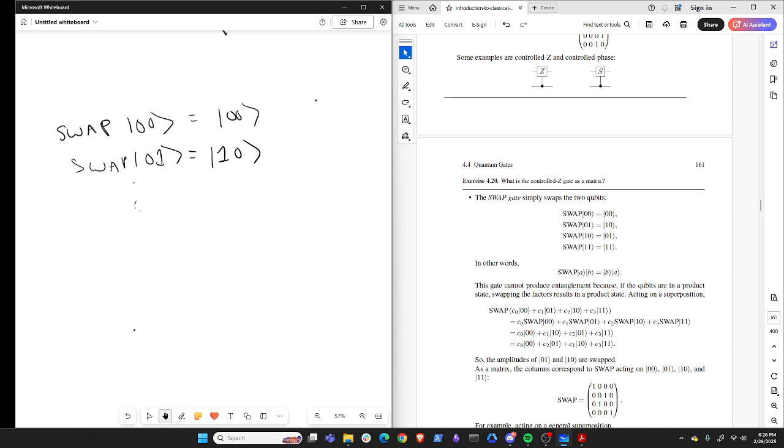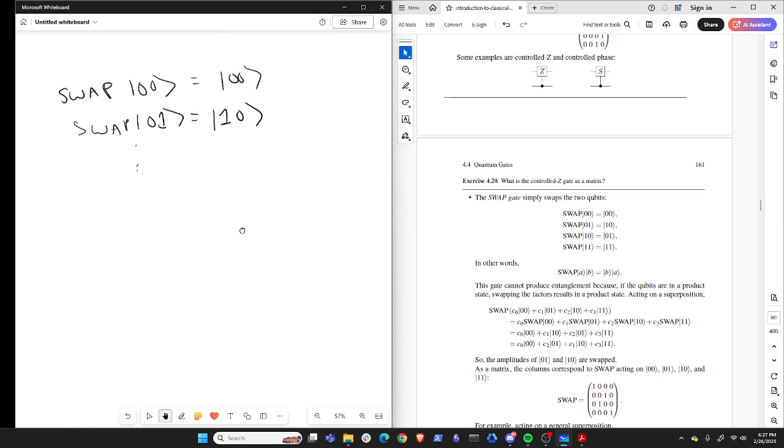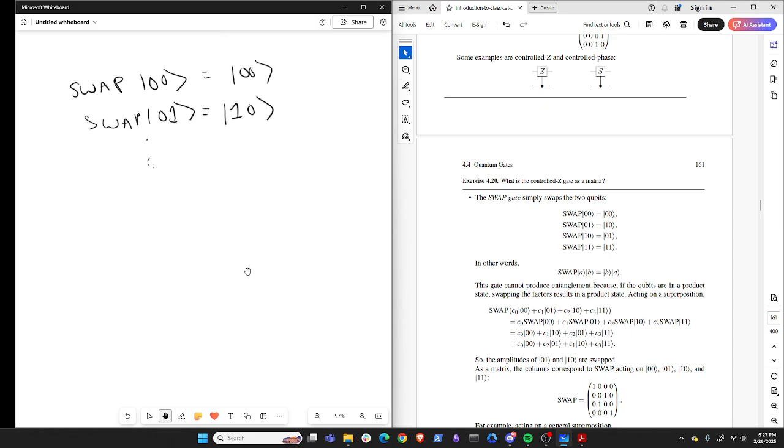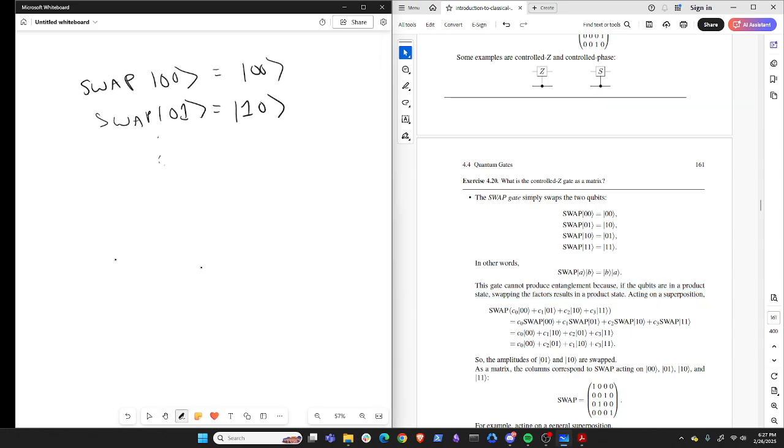It does not produce entanglement because if we are able to swap them, then they are in product state. So if the qubits are in a product state, swapping the factors results in a product state. So it can act on the superposition.